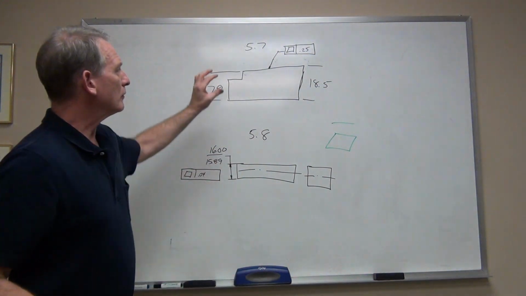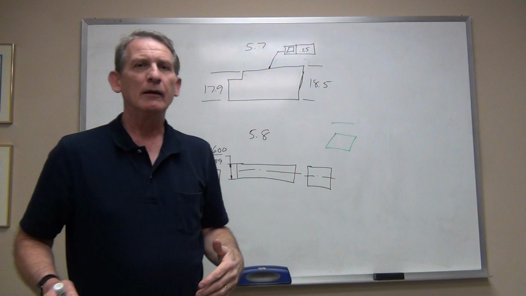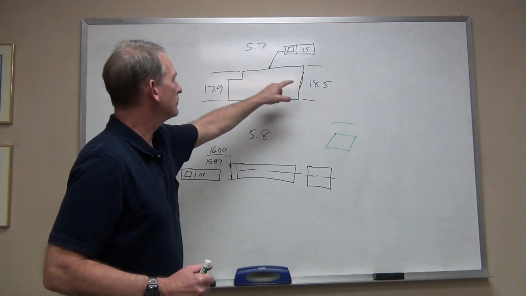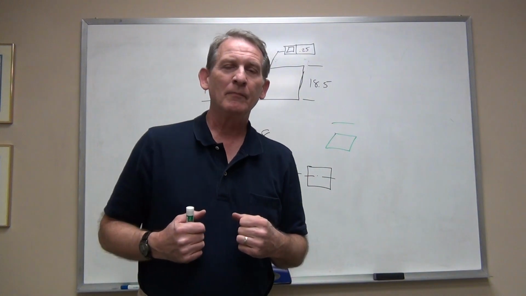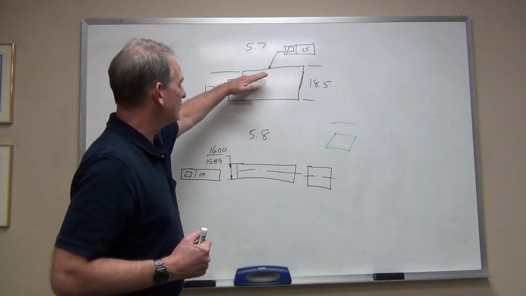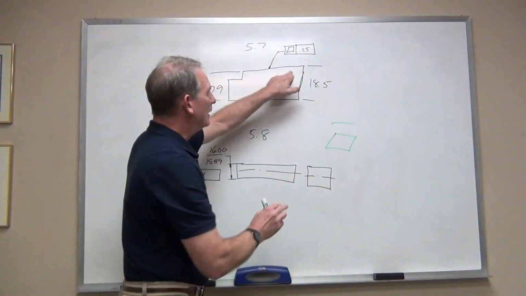Because if we drew that tolerance zone parallel, say, to this surface, we would say that this feature was pretty unflat. But if you actually consider it as an individual plane without regard to these dimensions, that's a flat surface.